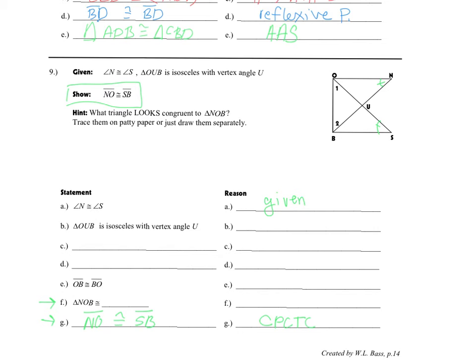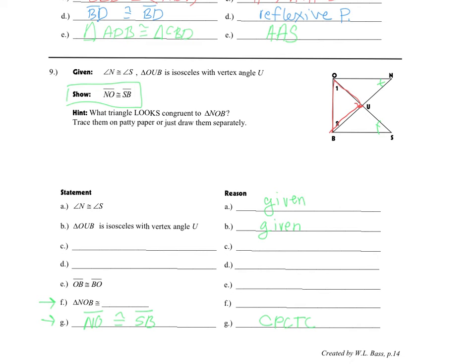Okay. We also have that triangle OUB is isosceles with the vertex angle U, and that is given to us. But let's see what we can use from that to help us before we separate these triangles out. So if we are told that triangle OUB is isosceles, triangle OUB is this triangle right here, OUB. So we're talking about this triangle, and U is our vertex angle.